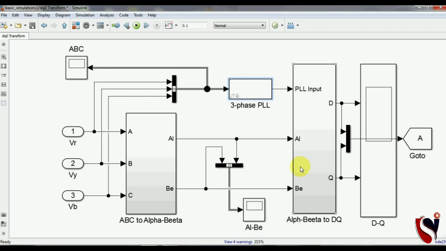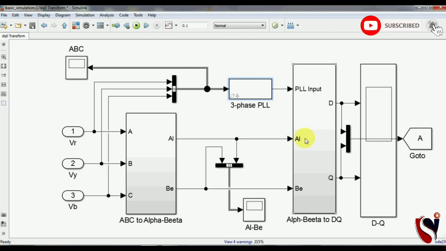So the disadvantage you can say in a dq transformation is that you must connect a PLL block to the system, so that you can maintain your dq values at the output. It is an important thing, and it is not a perfect theory without a PLL when you use the dq theory in the compensation network. So you can see this is the disadvantage.